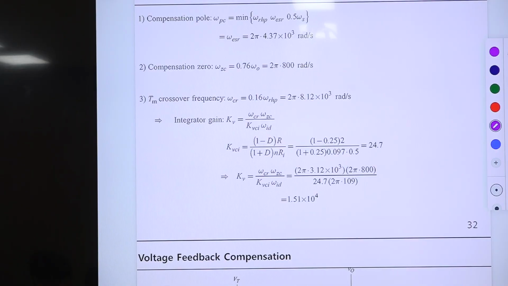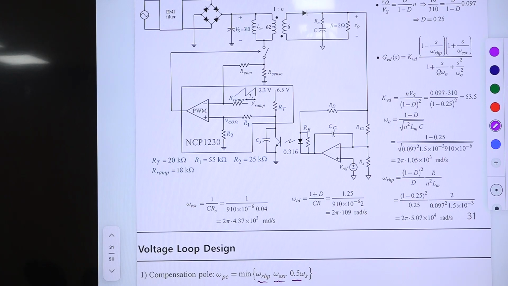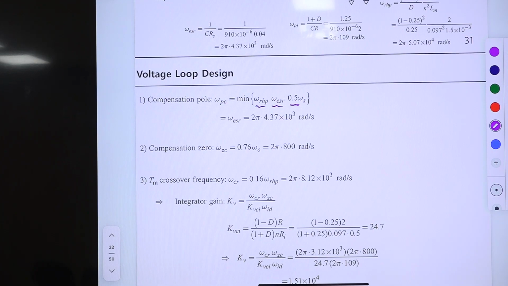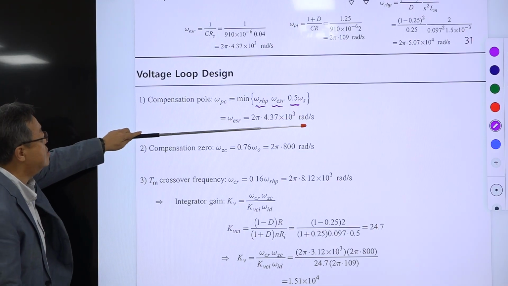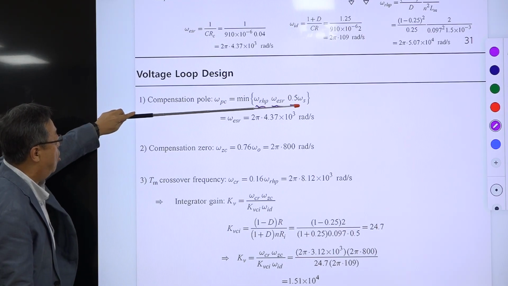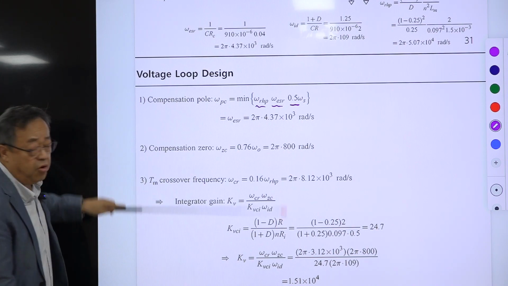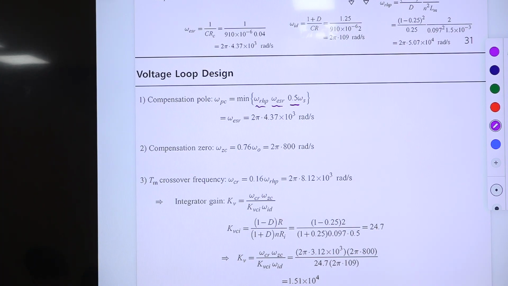Okay, so with this background, we select the exact location of the compensation pole, 0, and integrator gain. So comparing these three numbers on this page, and this switching frequency was 70 kilohertz, something like that. So this is the minimum. So we select this as the location of this compensation pole, and for this compensation 0, it was 0.6 to 0.8. So I selected some strange number, 0.76.